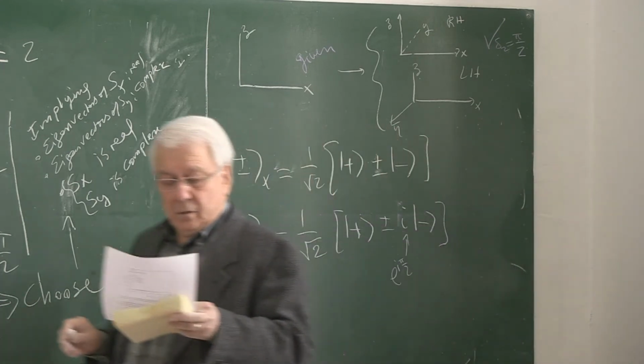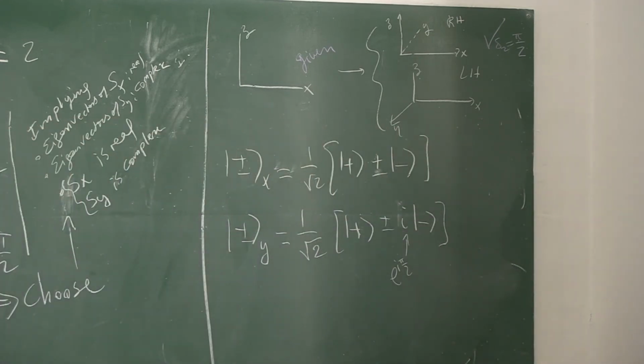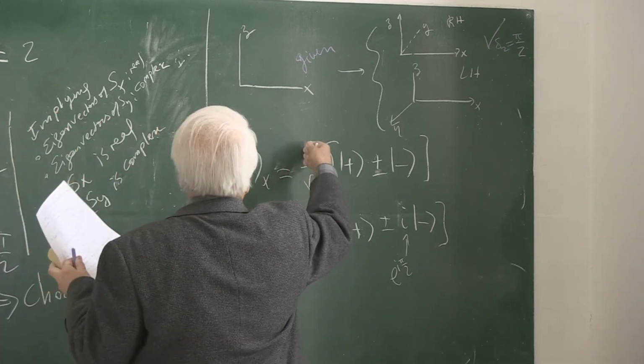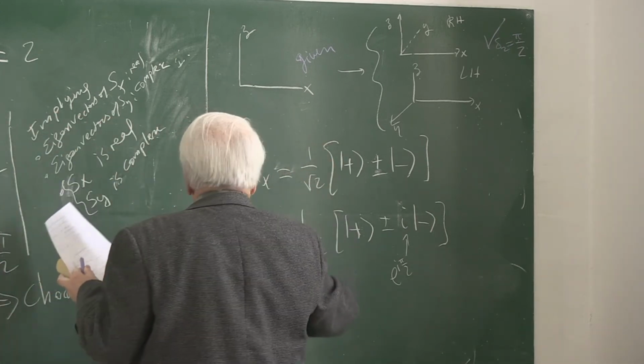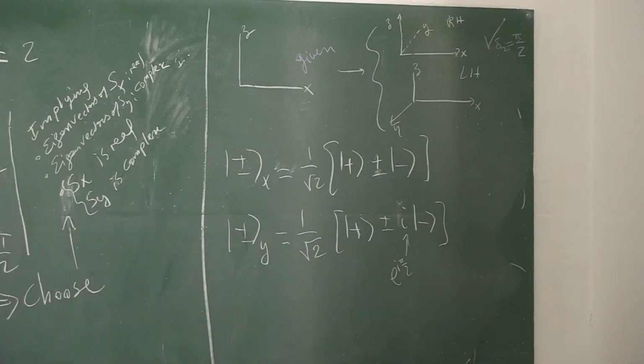These are the plus minus y. Once the bases are constructed, finally, up to overall phases. Notice that up to overall phases means there could be, in principle, an arbitrary phase multiplying the entire thing. But we have determined all the relative phases. That's the best we can achieve.